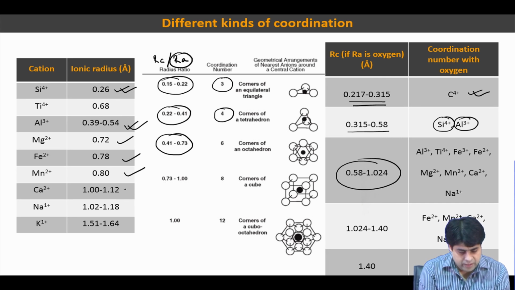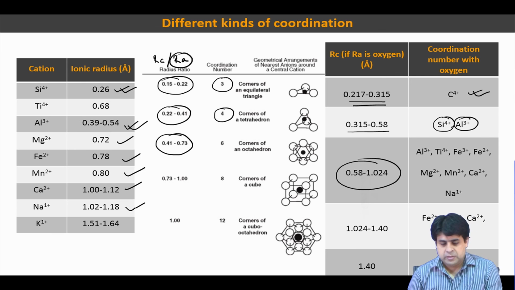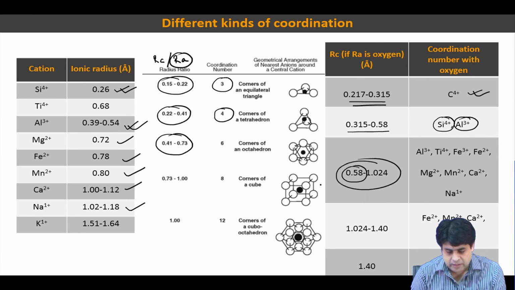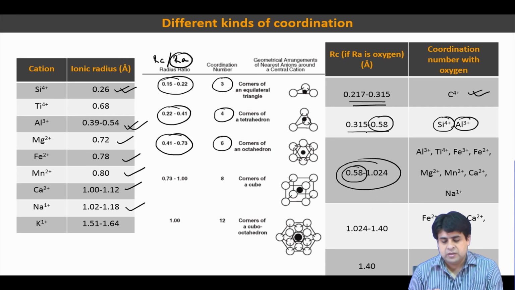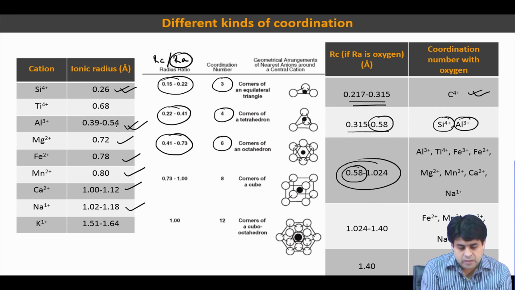So, you have calcium, you have sodium, but see here, you have 0.58 in the 6-fold coordination, which is the octahedral coordination, and 0.58 in the 4-fold coordination, and this number is very close to the atomic radii of your aluminum.